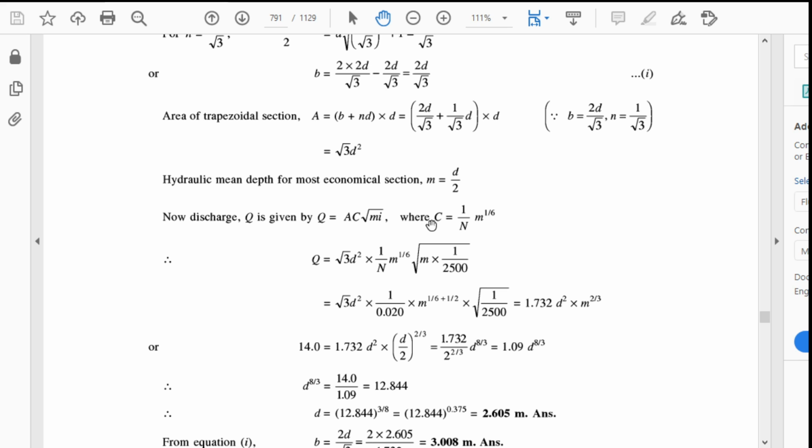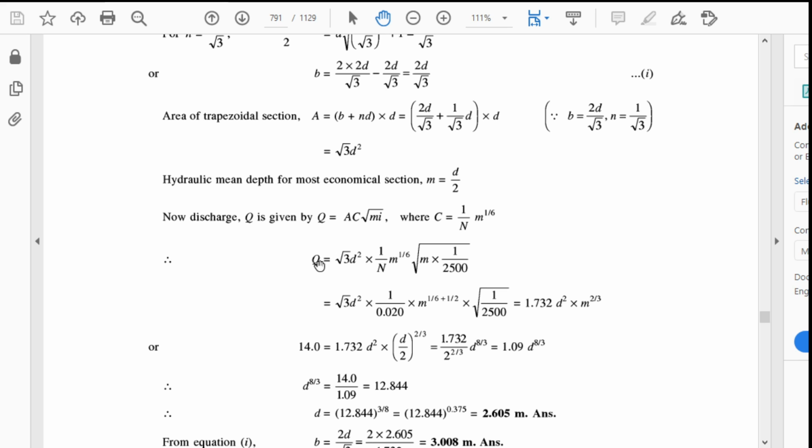So you have to remember the formula for finding Chezy's constant by using Manning's formula. Here, by using Manning's constant, C equals 1 by n m raised to 1 by 6. You can simply take this formula in place of C here.